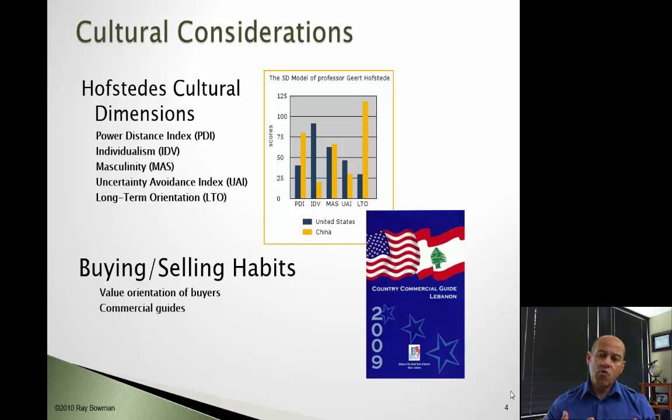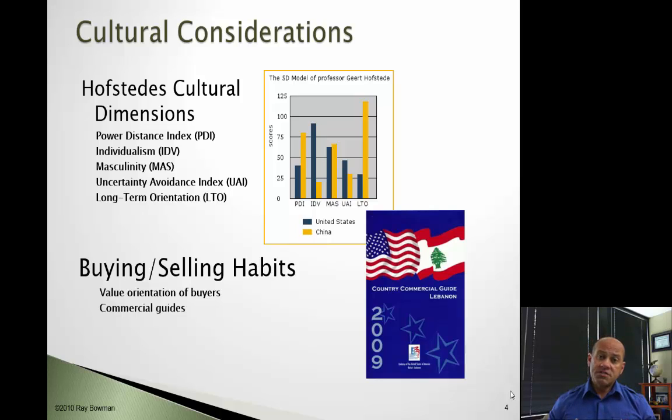They may make more impulse buys, whereas a culture with limited disposable income may think a lot more carefully about the value of what they're buying, think a lot harder about the quality and what they're getting, because they don't want to have to rebuy the item. Commercial guides can be very effective.